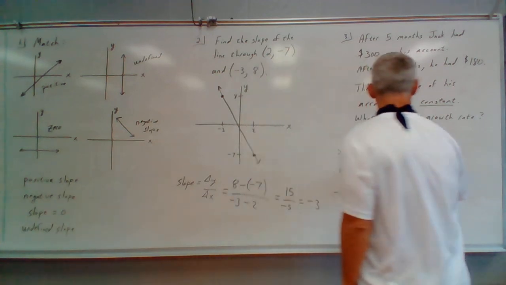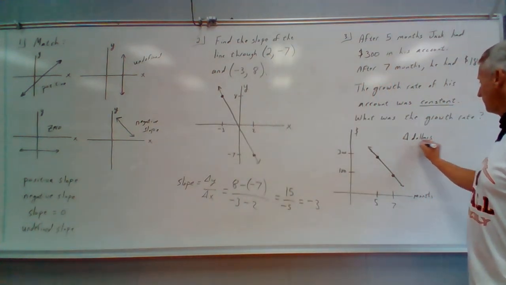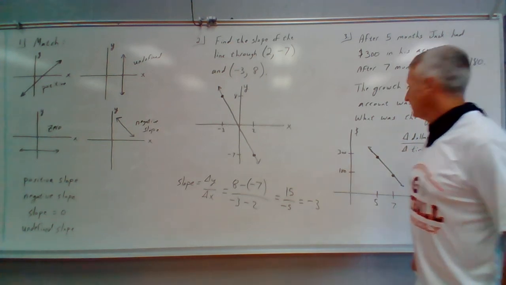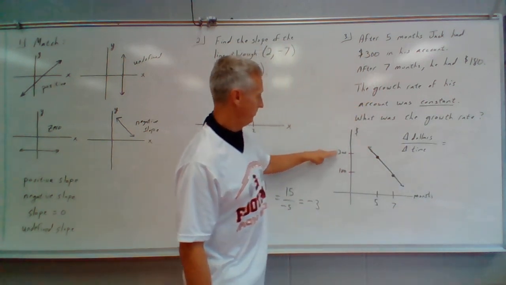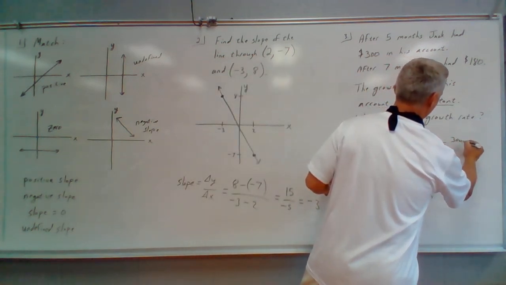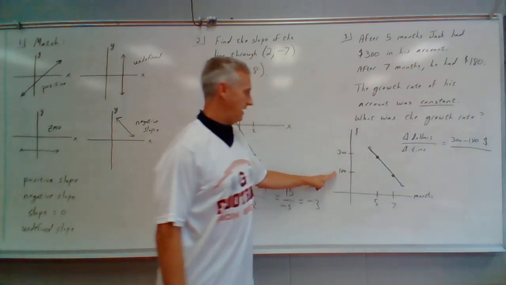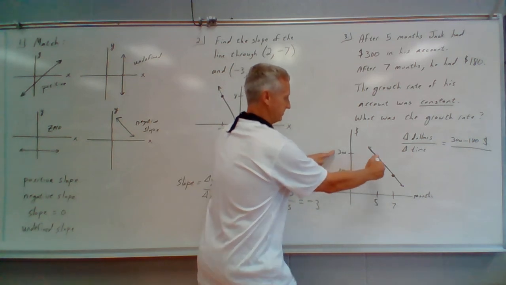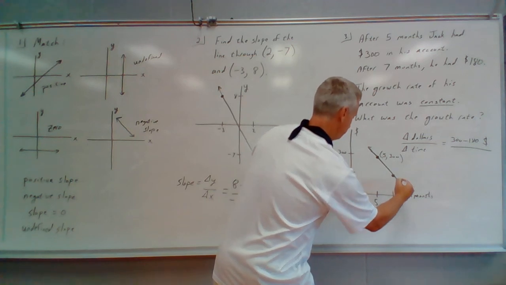So we're going to want to know the change in dollars divided by the change in time. Okay, to get the change in dollars, we will do 300 minus 180. That's dollars. And to get the change in time, see, the 5 goes with the 300. I'm going to label these so don't get confused.